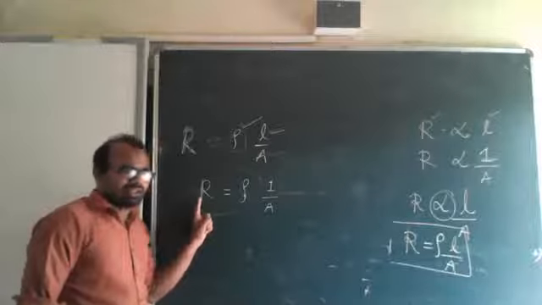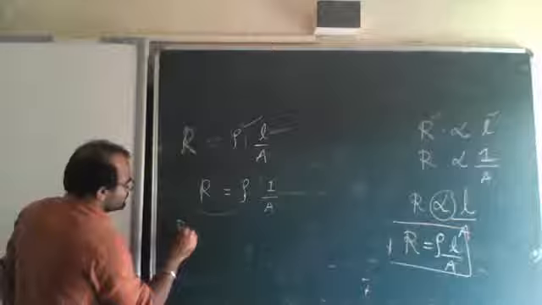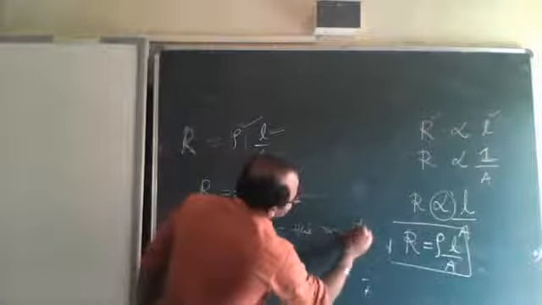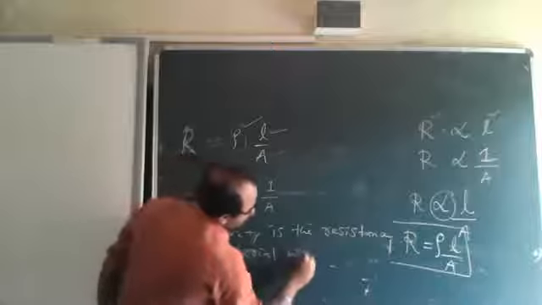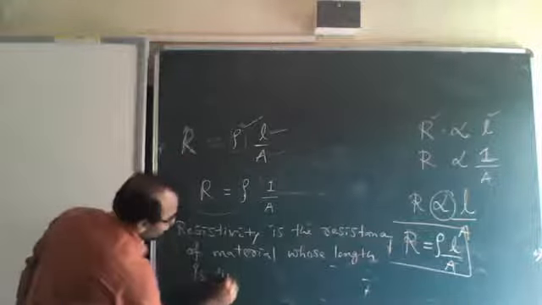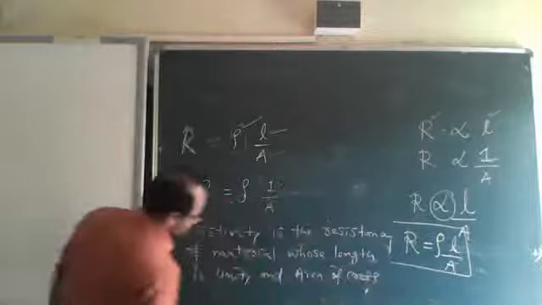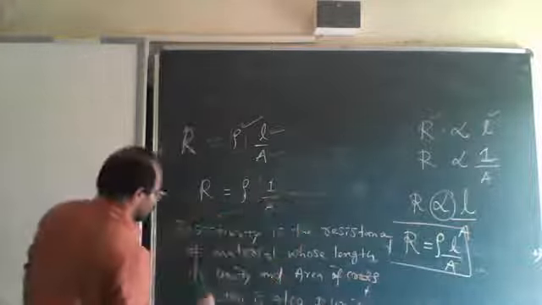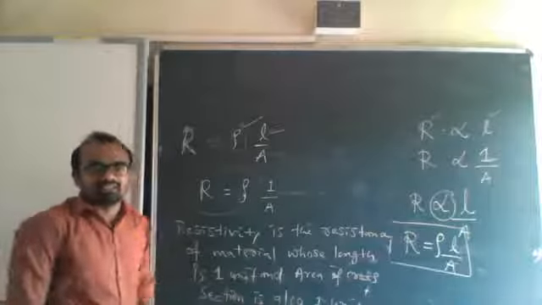Resistivity is the resistance of a material whose length is unity and the area of cross section is also 1 unit. This is called resistivity.